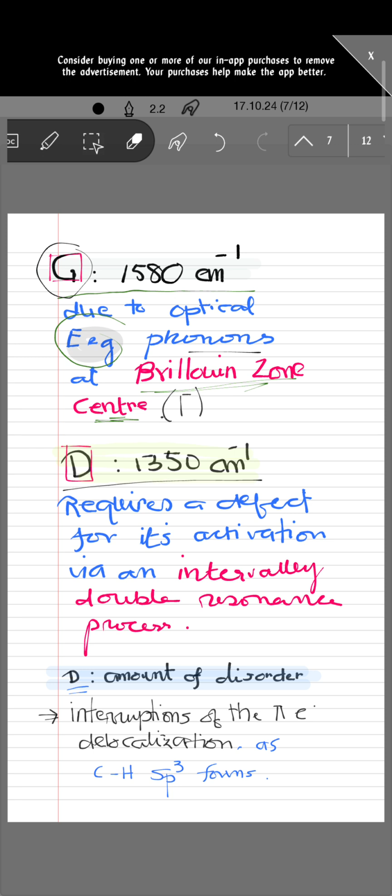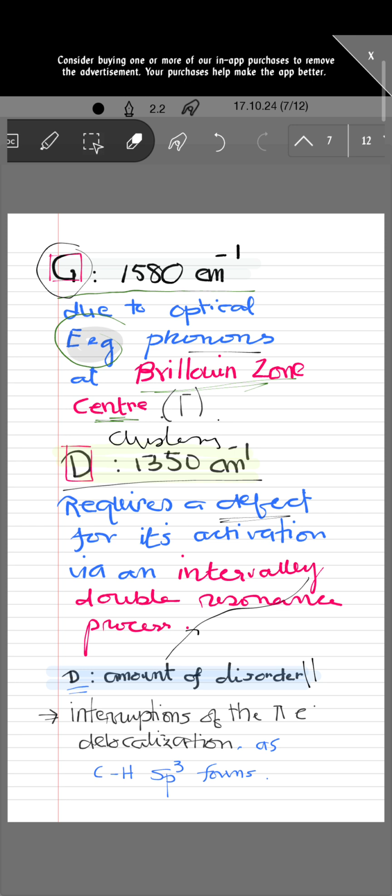D, as told in the previous slide, is related to clustering, and it is also due to disorder, impurities and defects. An internal double resonance process is the reason for obtaining D, and they also represent interruptions in the pi carbon delocalization.